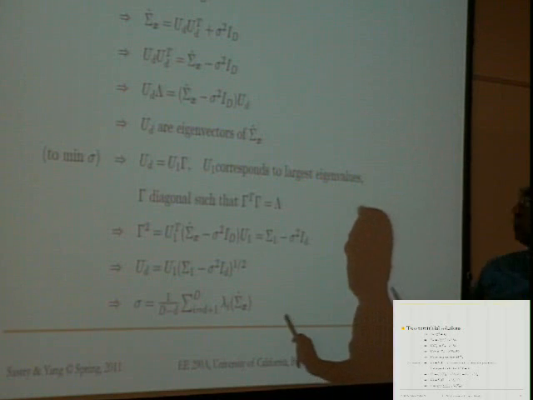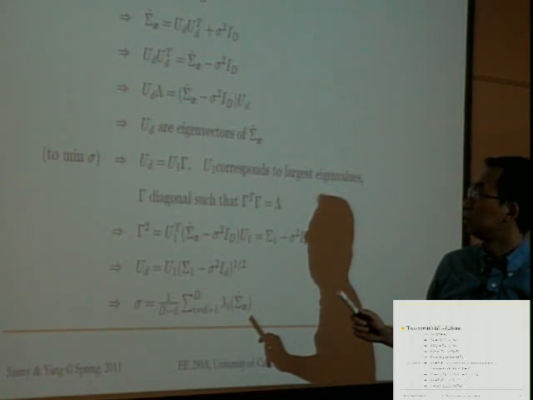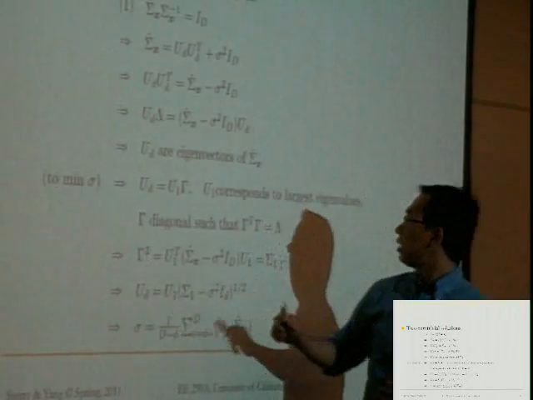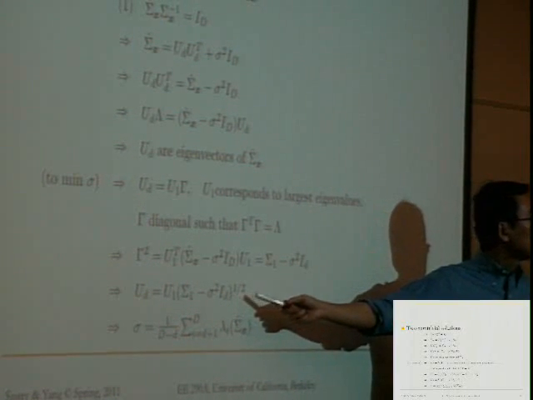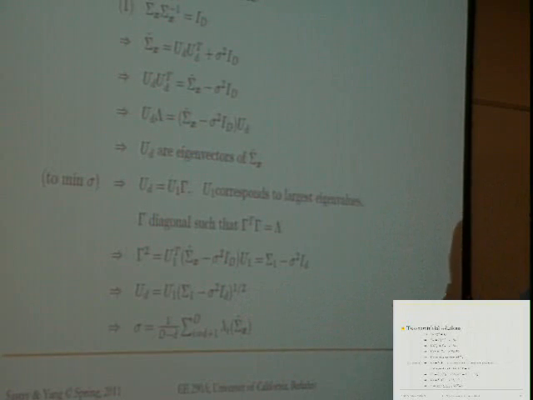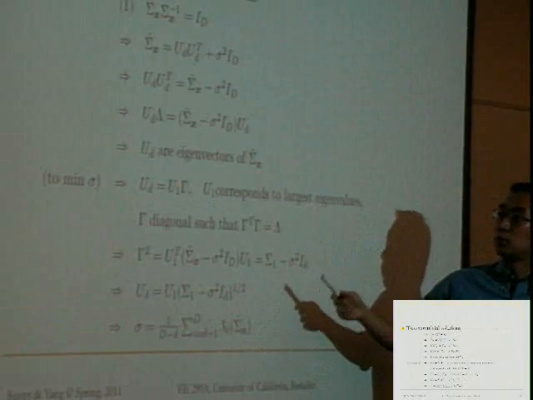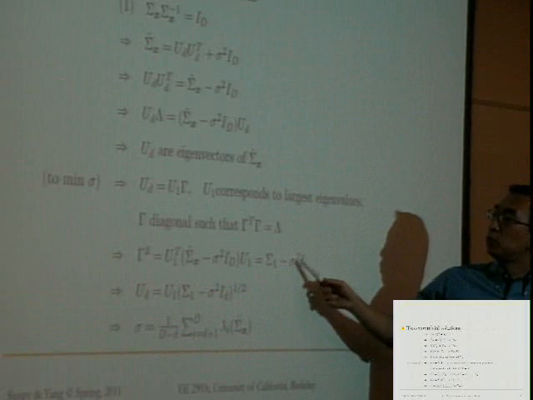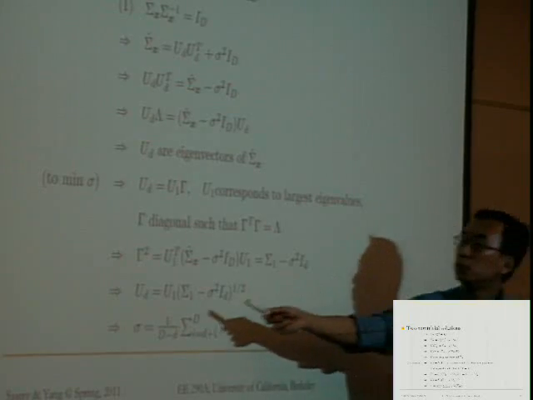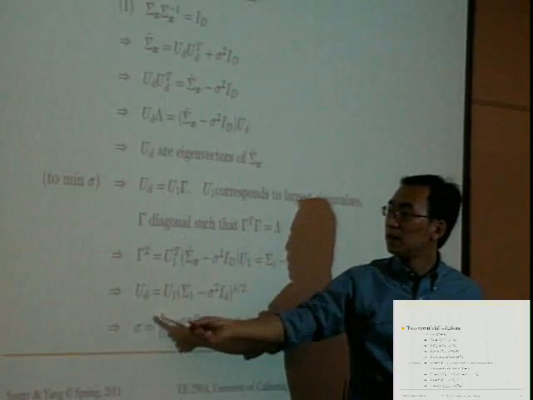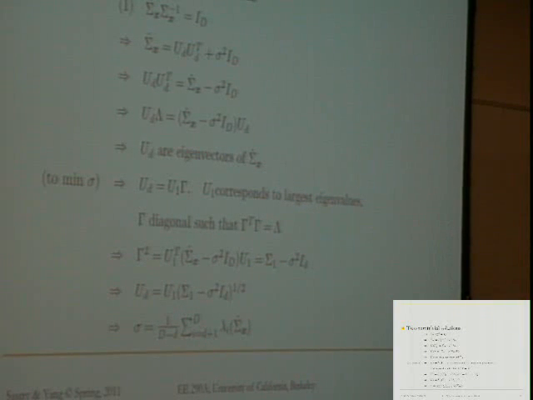And with that, because this is a diagonal matrix, you can take the square root, right? Which means you just take the square root of the diagonal coefficient. So this guy is a diagonal matrix, as we have already known, and is equal to the square root of this matrix. And then because UD equal to U1 times this guy, it's equal to U1 times the rest of the equation. Okay?